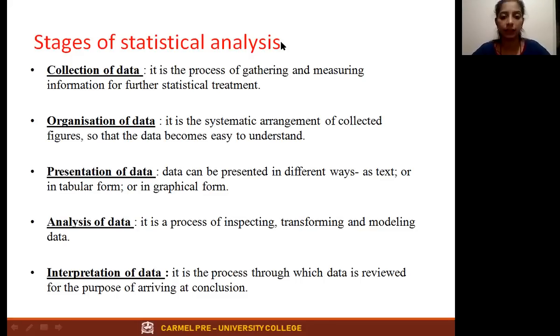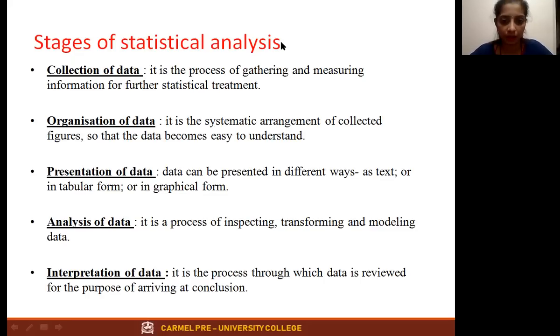From where do we collect the data? Data is collected in different ways. We have primary data and secondary data, which we are going to study in the collection of data chapter. We also have published and unpublished data. We can collect data by conducting a survey or a census.